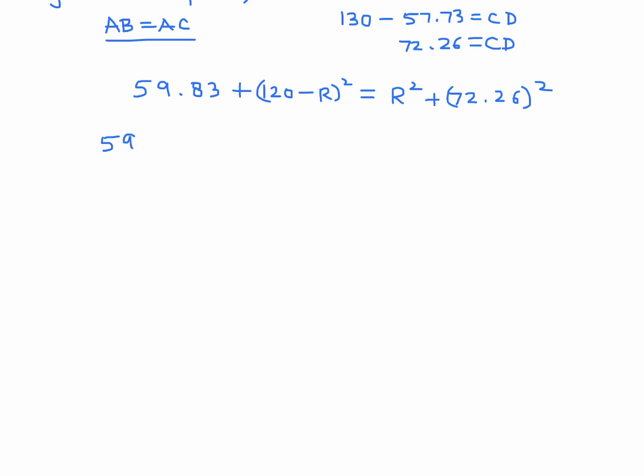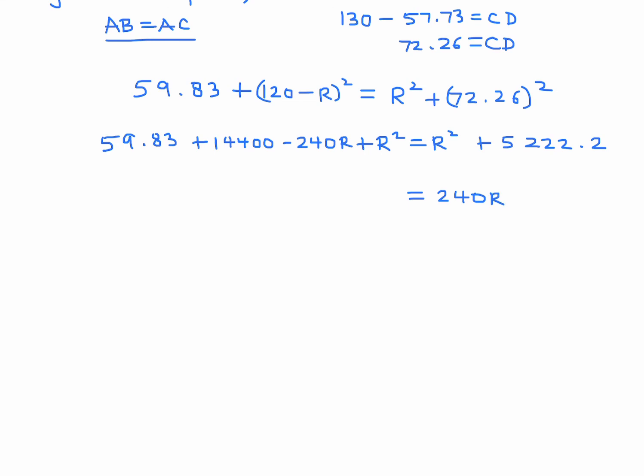This becomes 59.83 plus 14400 minus 240r plus r squared is equal to r squared plus 5222.2. The r squareds cancel, and I'm going to put the 240r on this side.